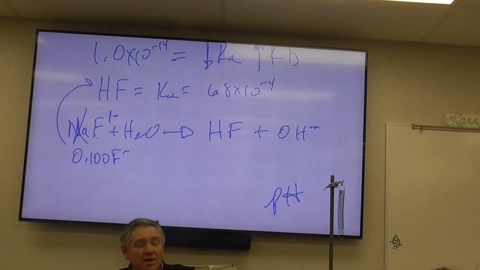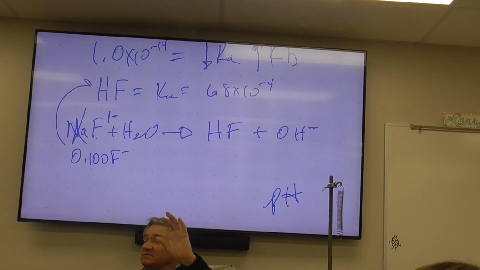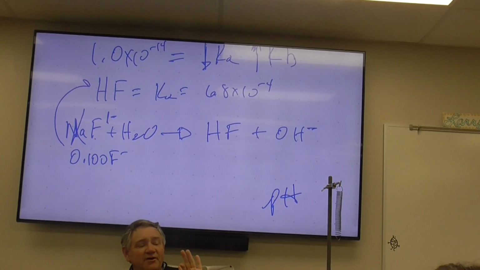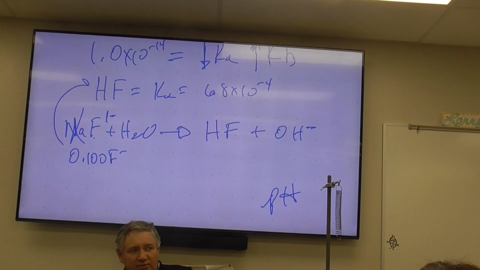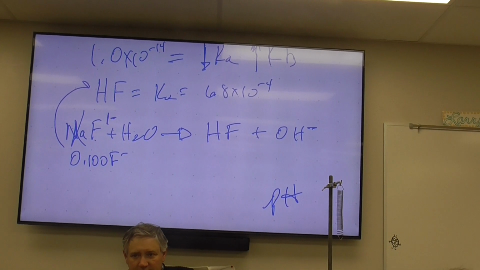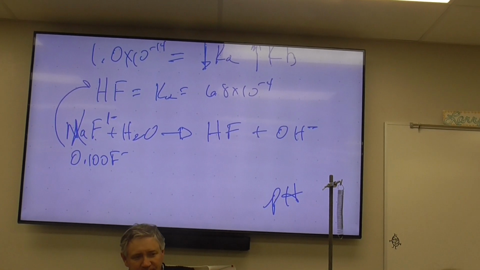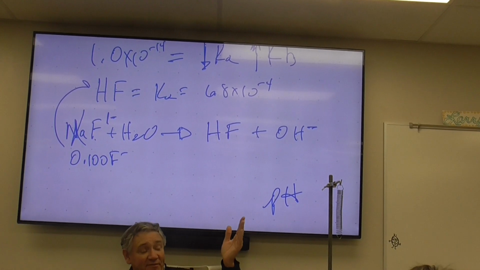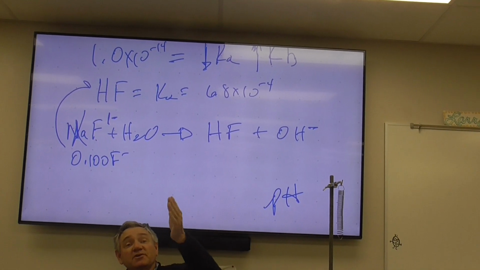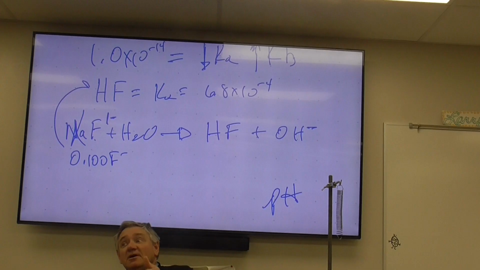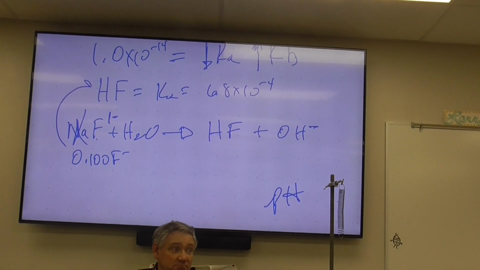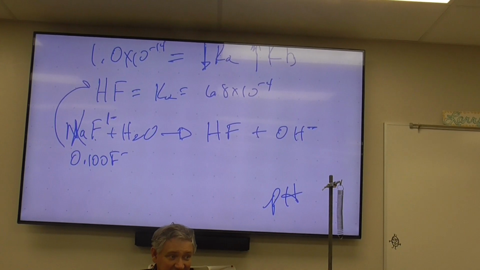There's also a very small list of Kb values. You cannot find the Kb value of fluoride ions. They don't write it there. Why? Because if you know what the Ka value of HF is, you can find the Kb value by dividing 1.0 times 10 to the negative 14 by the Ka value.